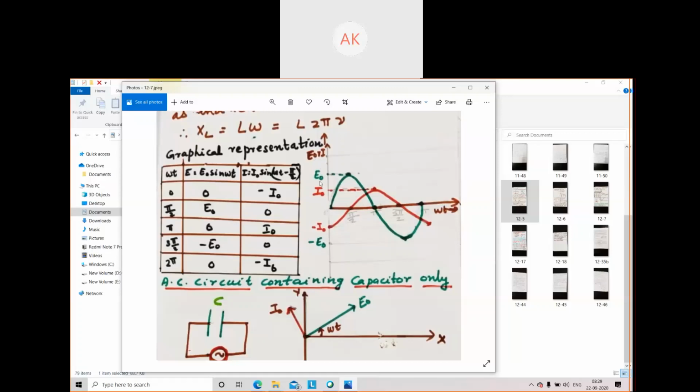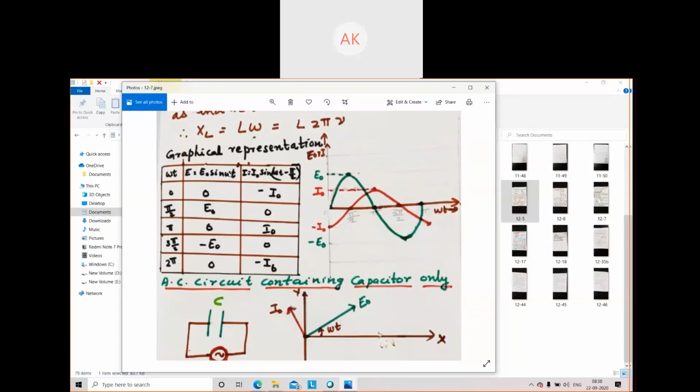First we take voltage E equals E0 sin omega t. At omega t equal to 0, sin 0 is 0. Then at pi by 2, sin pi by 2 takes the maximum value, so E equals E0. Then next we take pi.